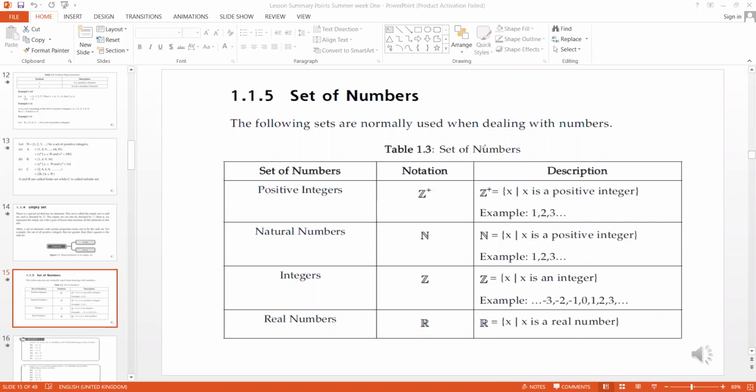But the set of integers starts from negative infinity to positive infinity, 0 inclusive. Then clearly you can also see that the set of natural numbers is equivalent to the set of positive integers. But when we talk about real numbers, we are talking about all whole, rational and irrational numbers. And that gives us the set of real numbers.